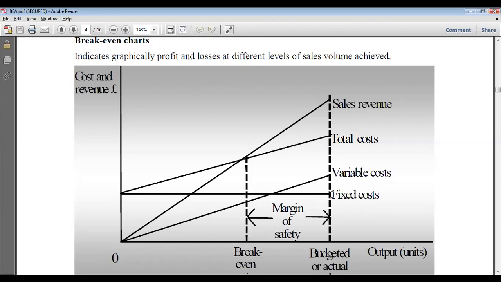Whereas we have another cost that is called variable cost. The variable cost is declining, and it has a lower gradient on the break even chart, because when we are producing a high number of parts, the variable cost per part is decreasing.